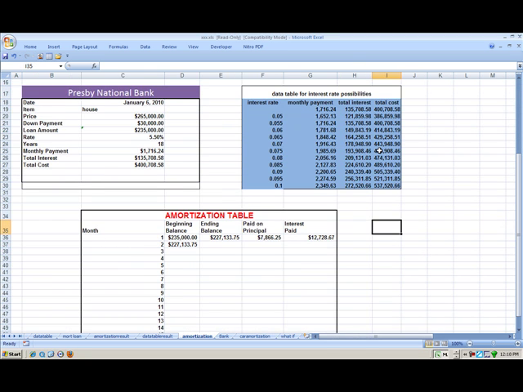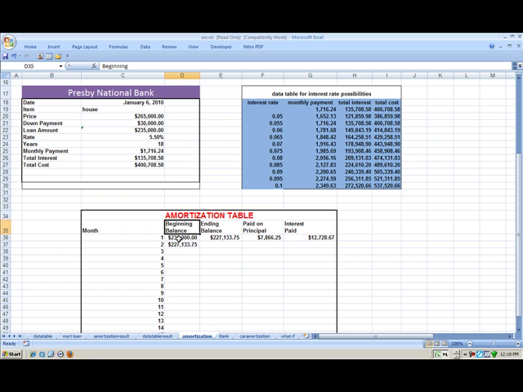Okay, we are up to step 3. Let's type in the heading amortization table, which again I typed in already, and let's continue to enter the other headings as well. So the beginning balance, the ending balance, and the interest paid, etc. Okay?